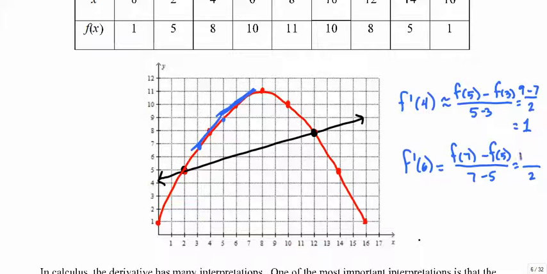I guess we'll say 11. I probably should have used 8. Let's use 8. Okay. And the value at 5 was 9. And that's a 3. And so that becomes 2/3. So now you have proof that the slope at 4 is steeper.